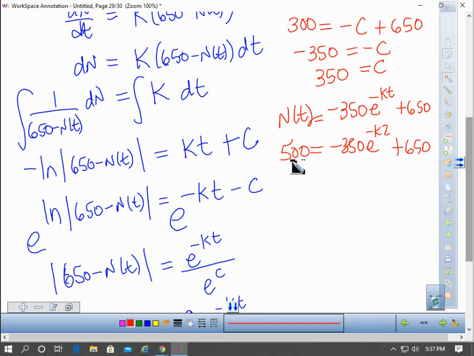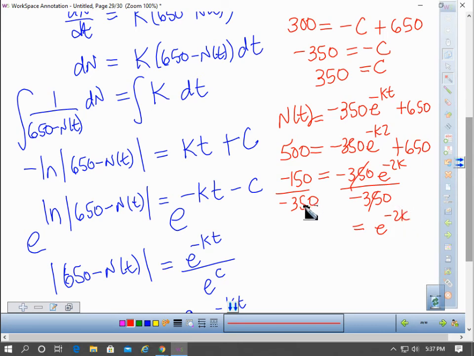All right, so if I subtract 650, I'm going to have negative 150 equals negative 350 e to the negative 2k. So I divide by negative 350. That's going to cancel. That'll give me e to the negative 2k equals, let's see if that's a nice little decimal. I don't know if it is or not.